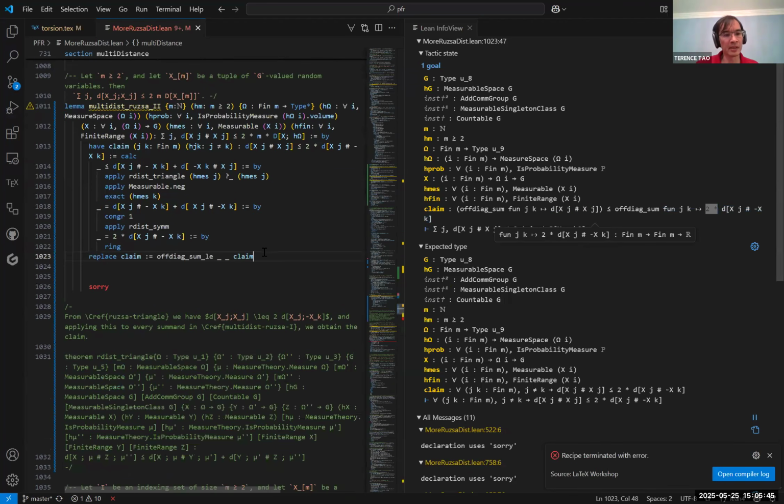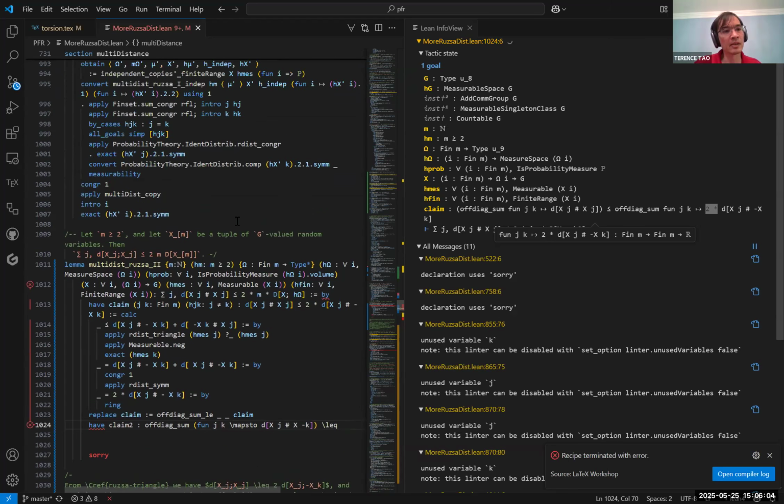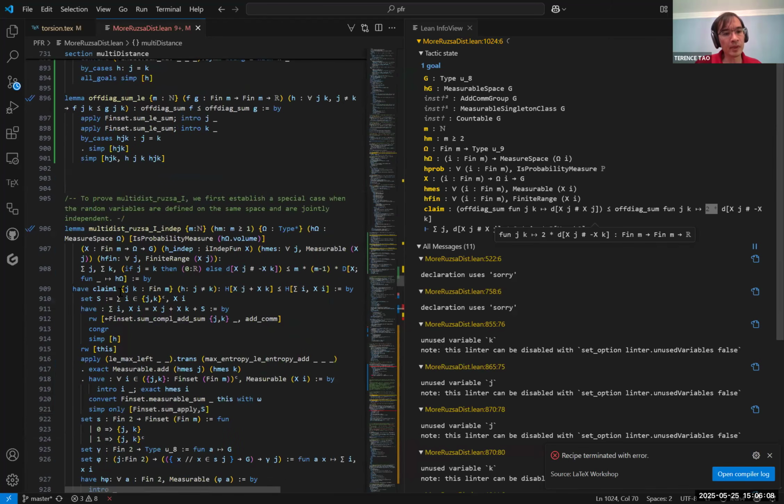So let's make that a new claim. I think I need the off-diagonal sum of the function that maps j and k to d x_j minus x_k. This should be less than, I think, m times n minus 1 times this.